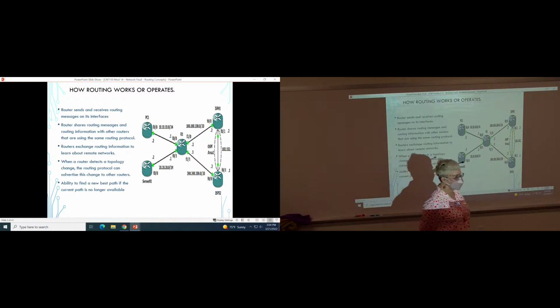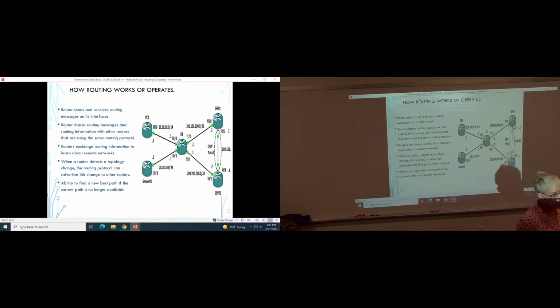With the information from those tables, it can run the algorithms it needs to in order to put the best routes into the IP route table, right? If a link or an interface goes down, they can all talk to each other and recalculate.